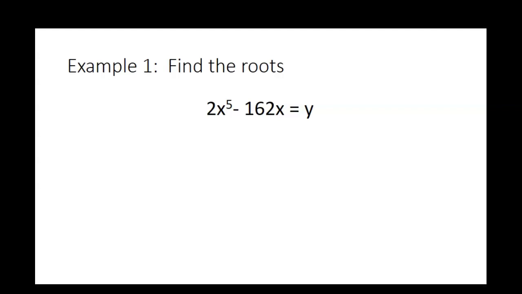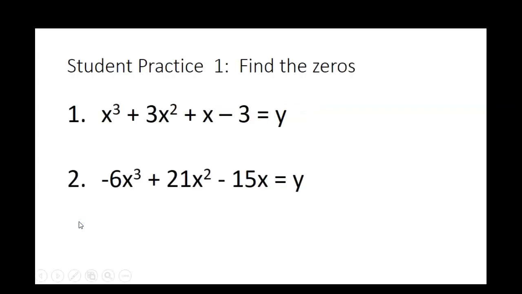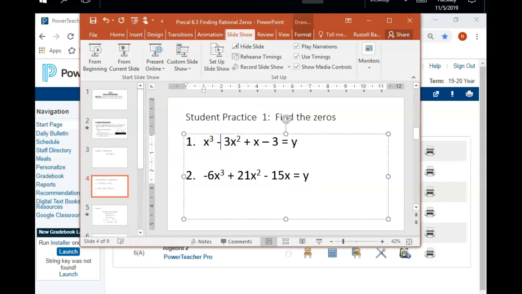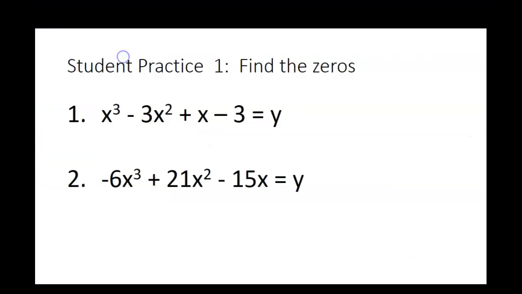So let's go ahead and do one of these real quick here. Number 1. Go ahead and write down number 1. I have a typo here. Can we change this to a minus 3x, you guys? Otherwise, it won't actually factor.